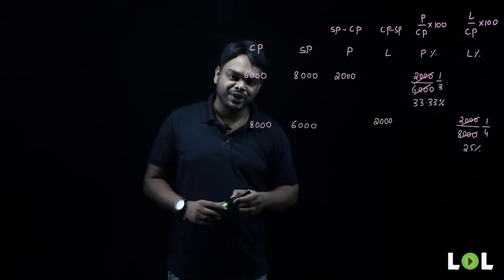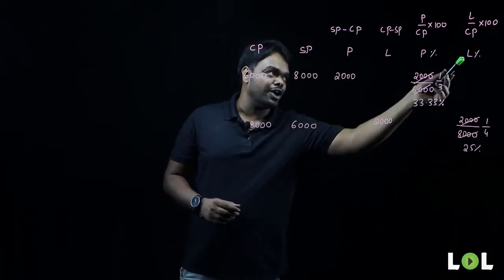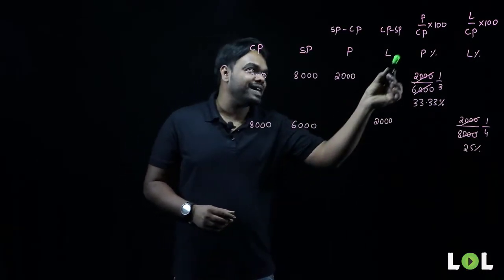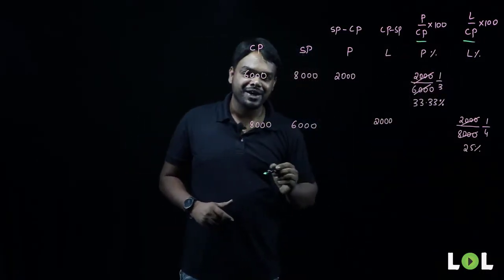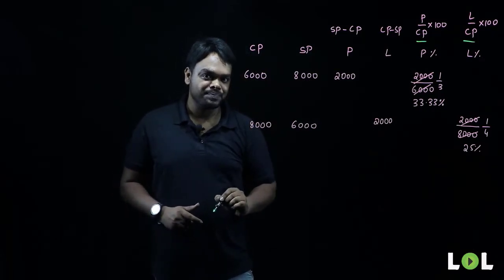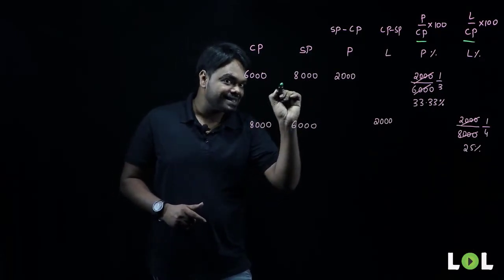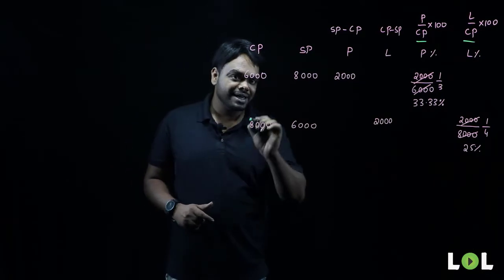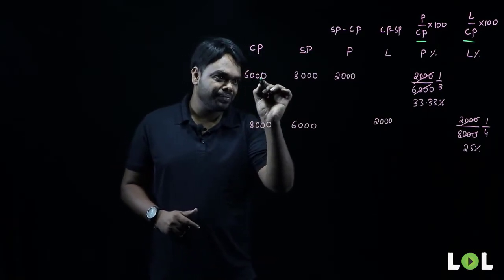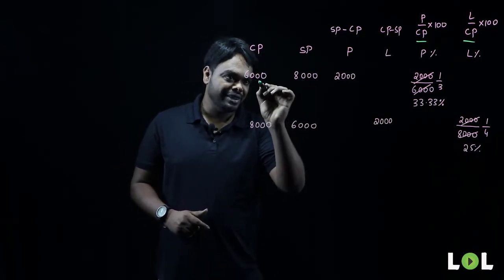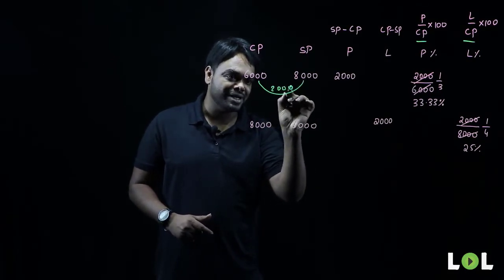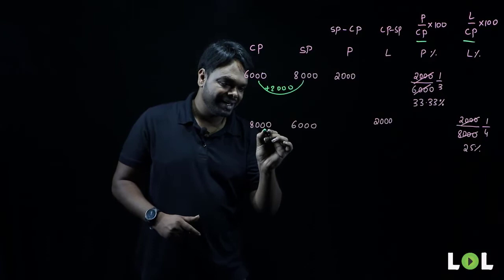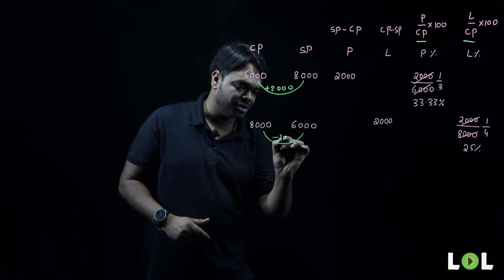Well, if you observe carefully, be it profit percent or loss percent, it is always a comparison with your cost price. Now, there is another observation which you can clearly see here. This is your original value and this is the final value. What is the change here? 2,000 rupees. In this case, it is minus 2,000 rupees.